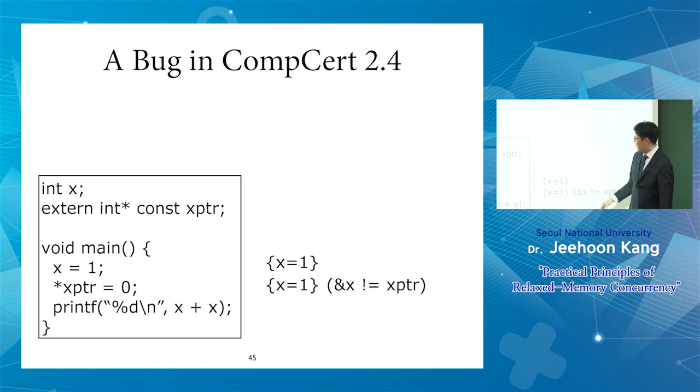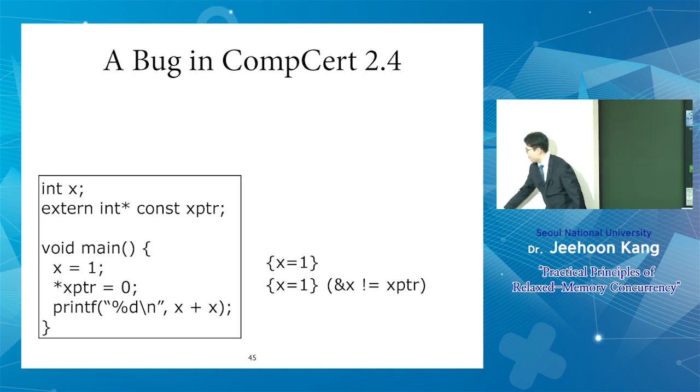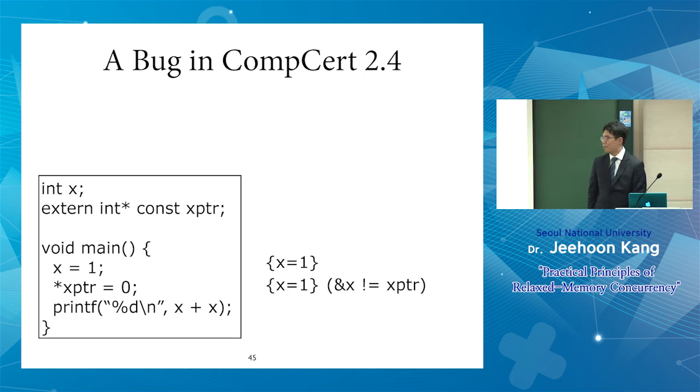And x should continue to be 1 because the address of x and this xptr are not aliased, because xptr is not assigned with any value and it is a constant variable. So it replaces this x with 1. This is basically a constant propagation optimization based on some value analysis.